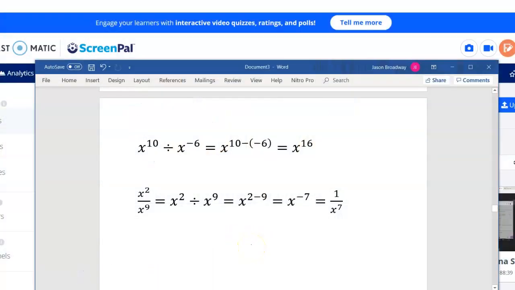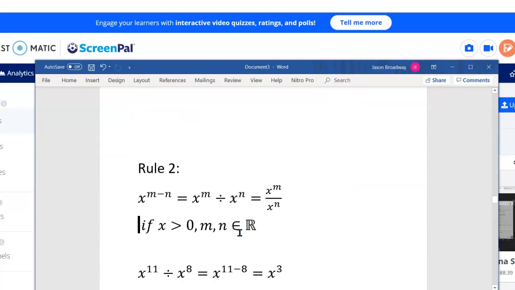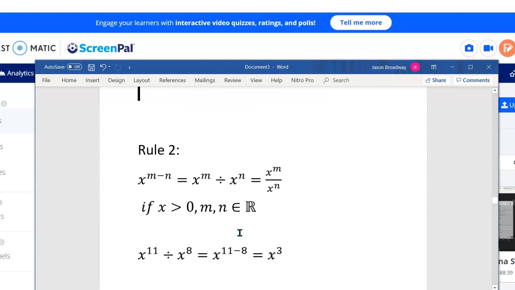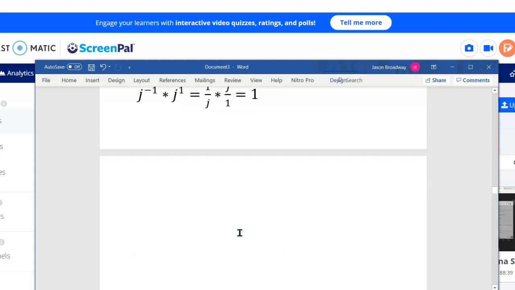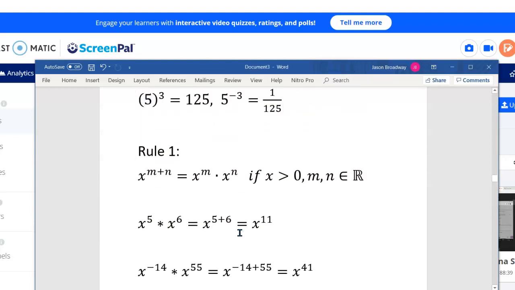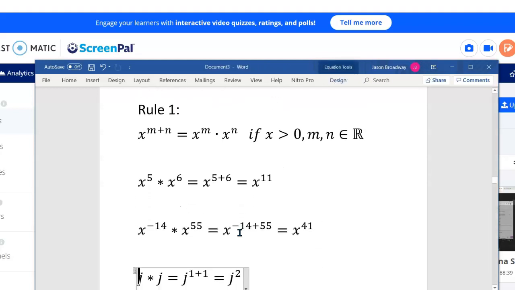Now, we've introduced in the last video Rule 1 and Rule 2, the quotient rule here in Rule 2, and the product rule here in Rule 1. And really, you can kind of get Rule 2 from Rule 1, but I don't want to get too theoretical. I put a stipulation of x being greater than 0 just to avoid any trouble.